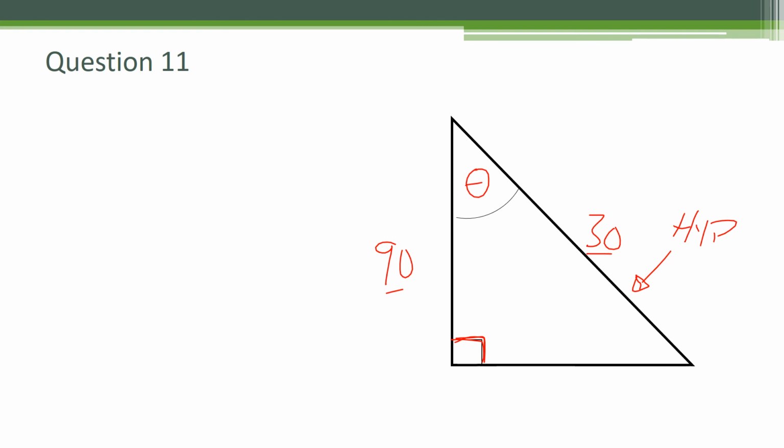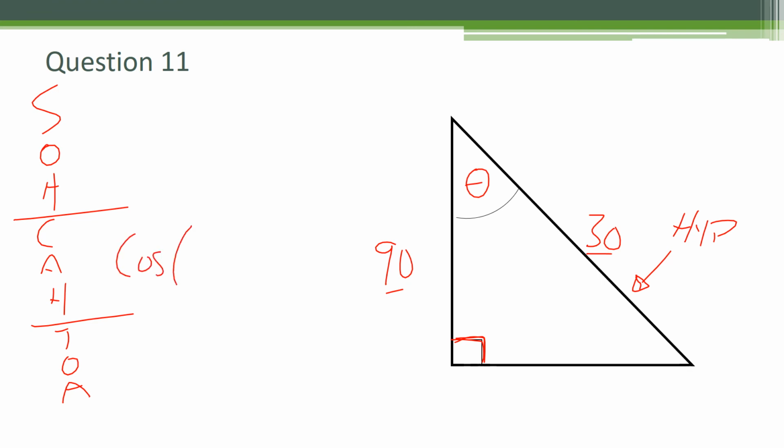Again, my calculator's in degrees, and I'll write down sohcahtoa. Okay, I'm working with the adjacent and the hypotenuse. That's going to be cosine. So it'll be cos of I don't know is equal to the adjacent, which is 90 over 30.